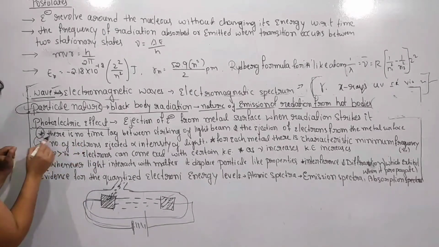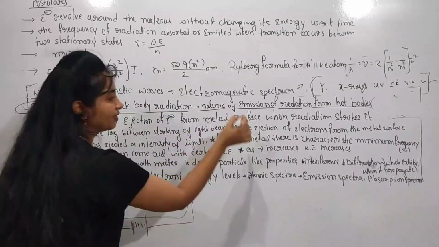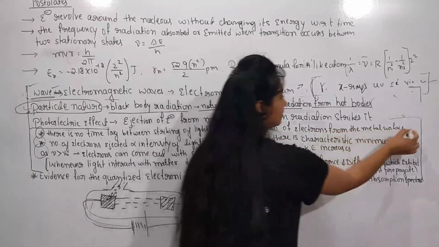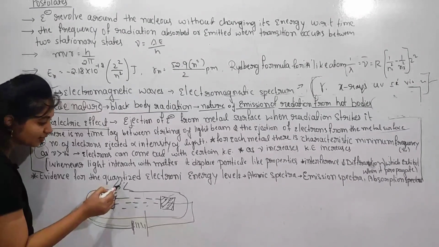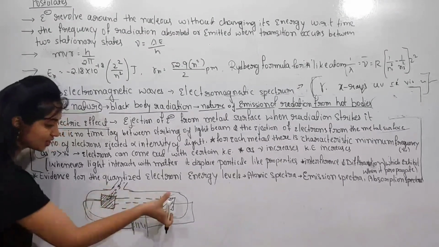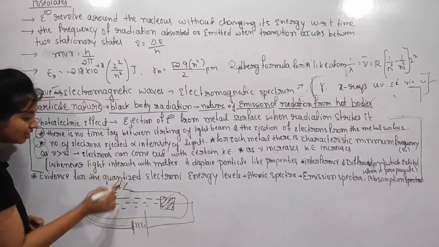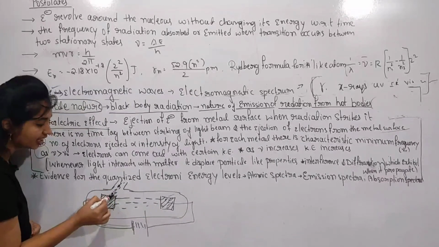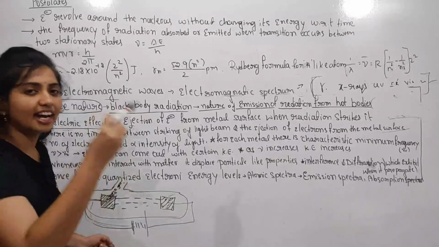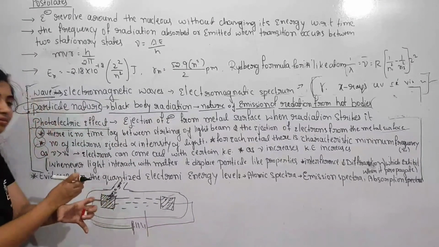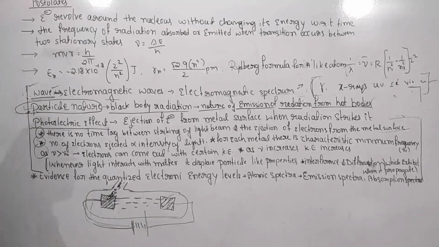There is no time lag between striking of the light beam and the ejection of electrons from the metal surface. When you incident the electromagnetic radiation on the metal surface, at that moment only, without time gap, the electrons are ejected from this metal surface.